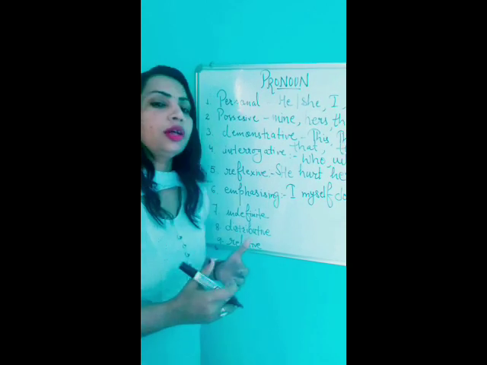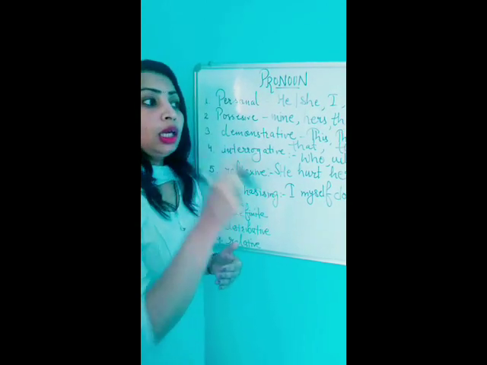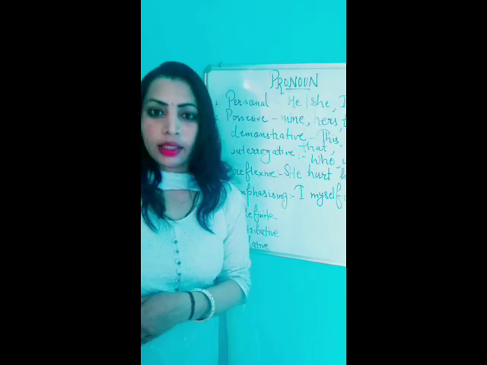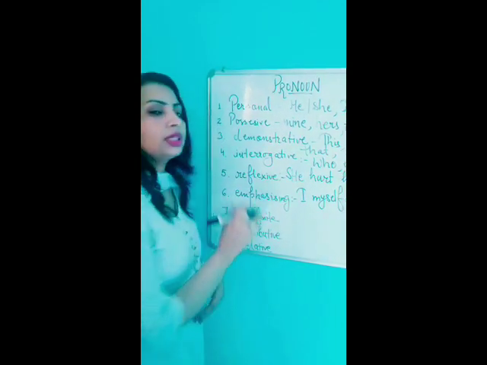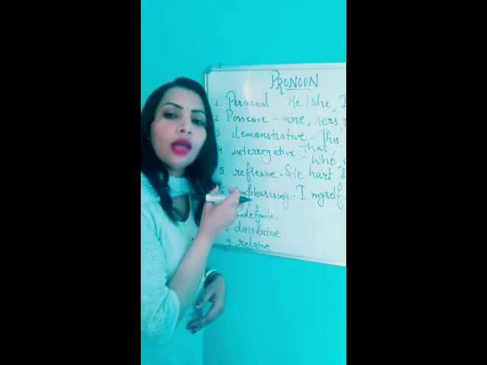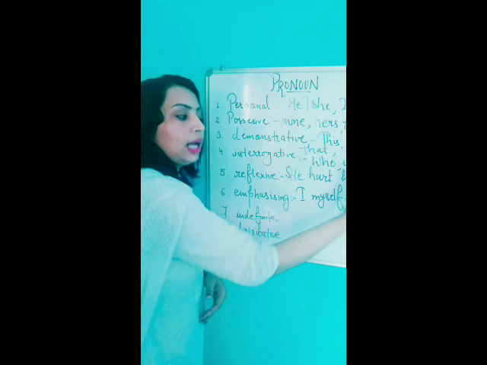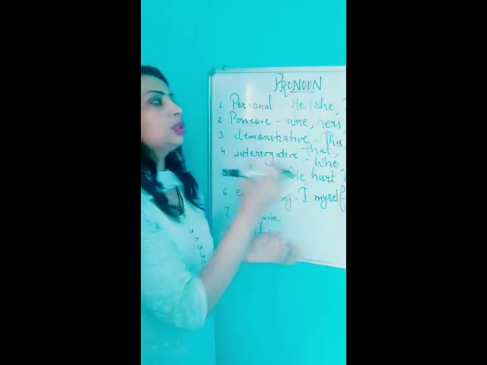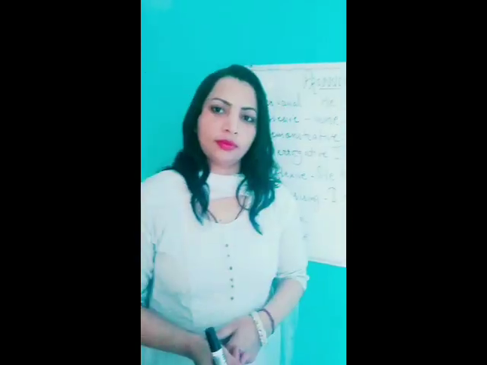I myself closed the door. He himself had done that work. She herself went there. So these all are emphasizing pronouns. When we emphasize the subject, we are using an emphasizing pronoun. If it is used at the end and reflects something about the subject, we are using a reflexive pronoun.